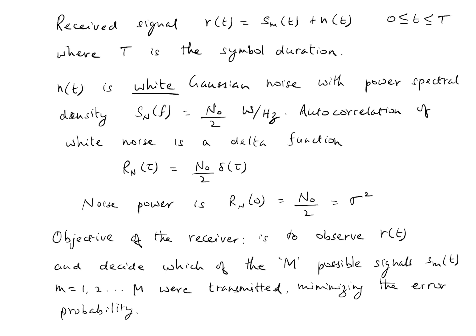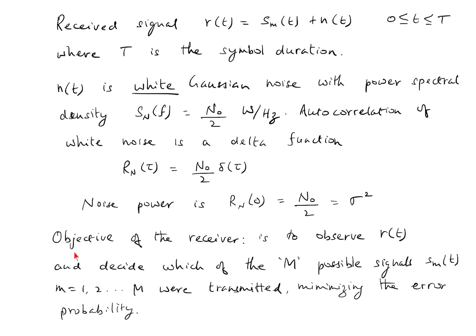Now we see what happens when we combine the transmitted signal with the noise, what the objective at the receiver side is, and what we want to do with this received signal. So what is the purpose of the receiver, and what functionality do we need to perform at the receiver side?